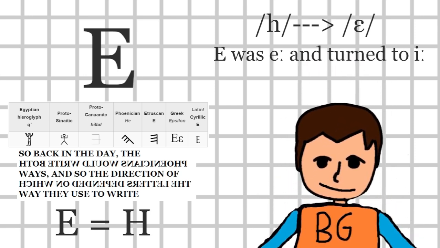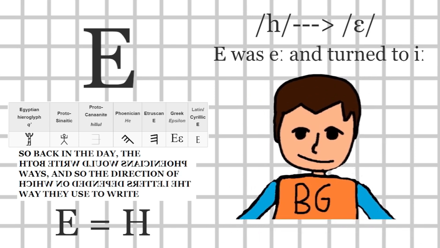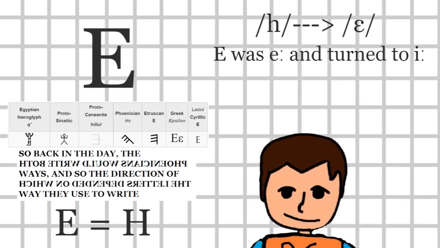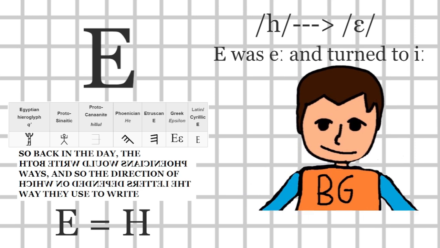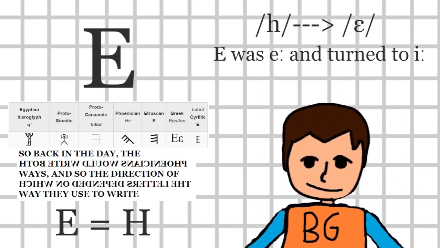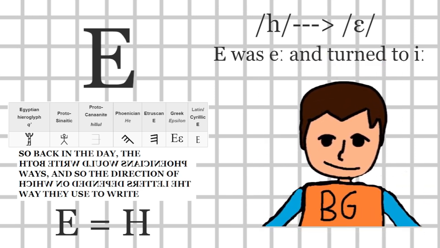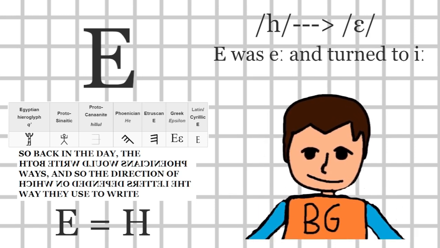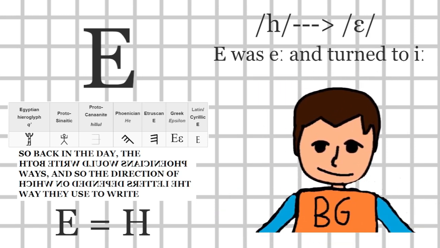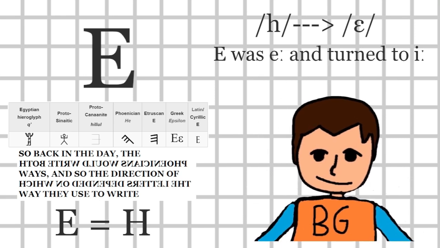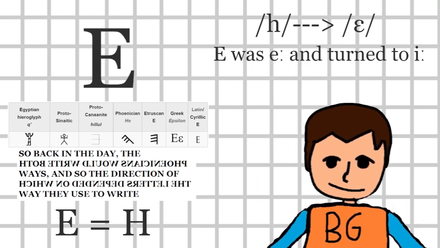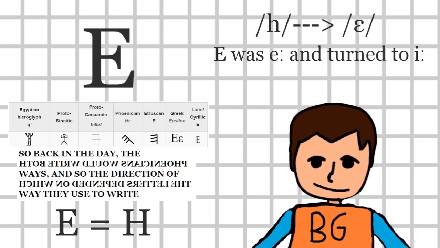Now, another thing that happened with E, which wasn't really happening in other Germanic languages: the E was always pronounced. However, ever since the French and the Norman invasions took place, England started getting influenced by the French a lot. And since they were French, they never pronounced the last letter of words. Since E was pretty commonly the last vowel of a word, most of the time the last E would just be completely silent.